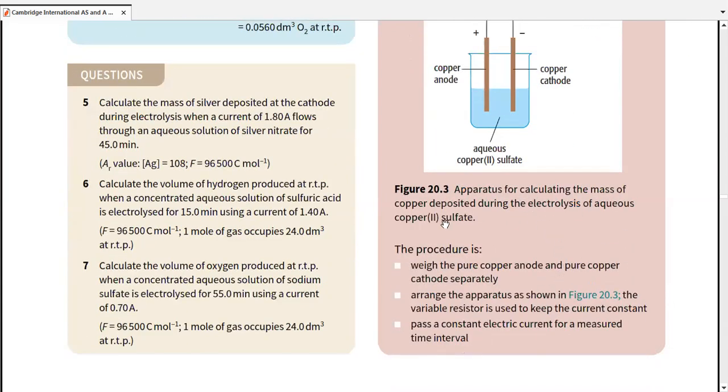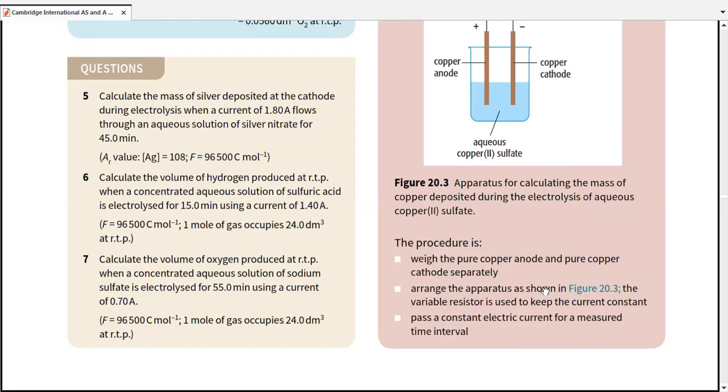This is the apparatus for calculating the mass of copper deposited during the electrolysis of aqueous copper(II) sulfate. The procedure is we weigh the pure copper anode and pure copper cathode separately before the start of the experiment. Then we arrange the apparatus as given in the diagram, and the variable resistor is used to keep the current constant. Here he states why we are going to use the variable resistor.